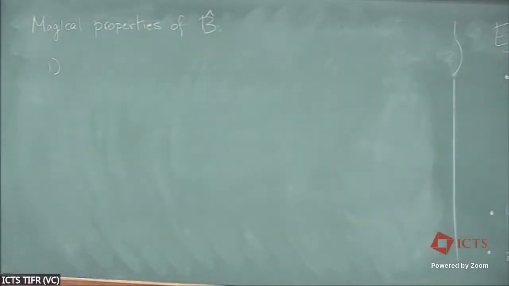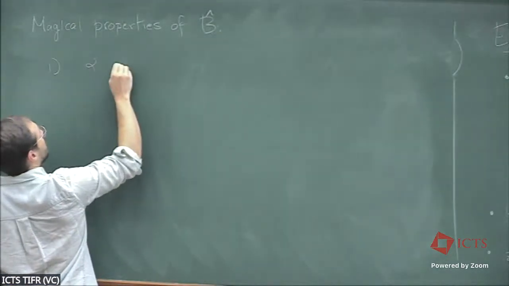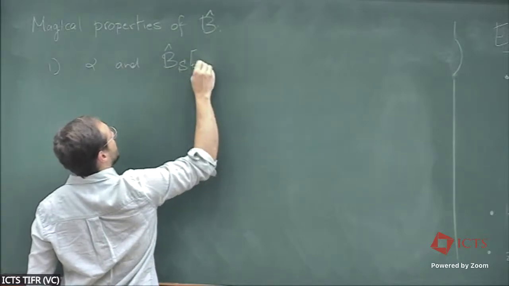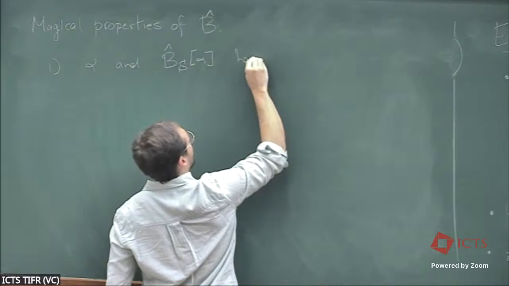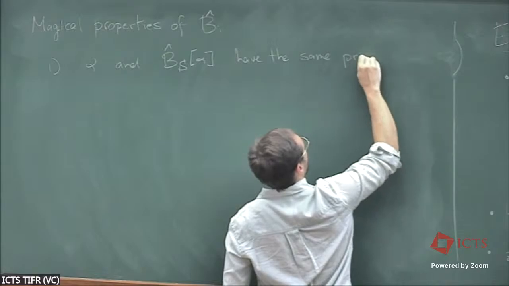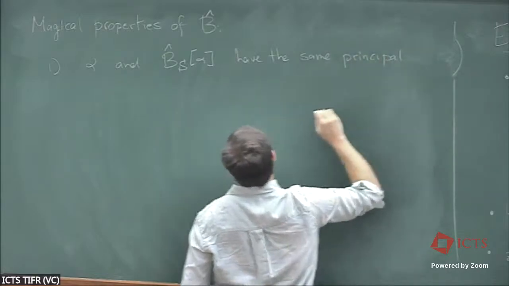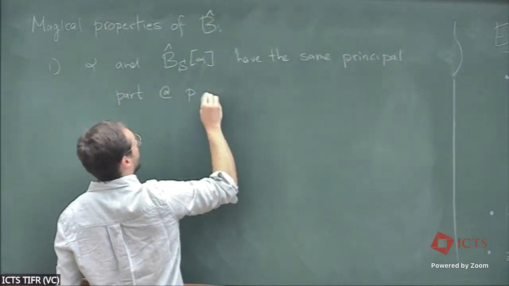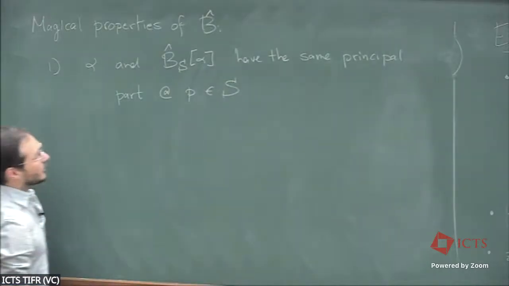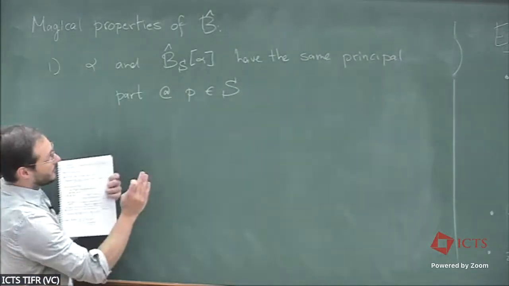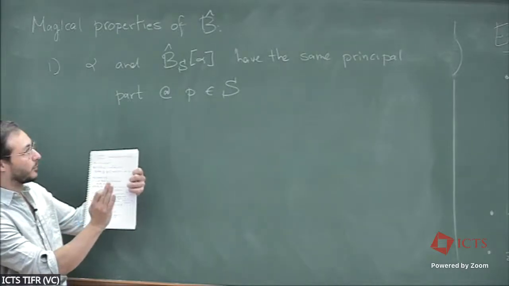The first one is that alpha and B hat S of alpha have the same principal part at each point P in S. Principal part here is a fancy word for the polar part. If you expand in Laurent series around P, the principal part is everything that is polar.